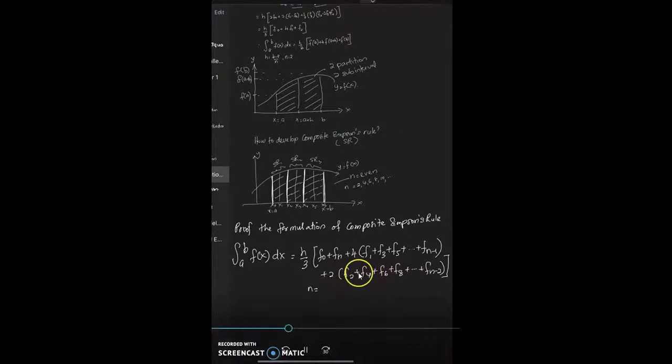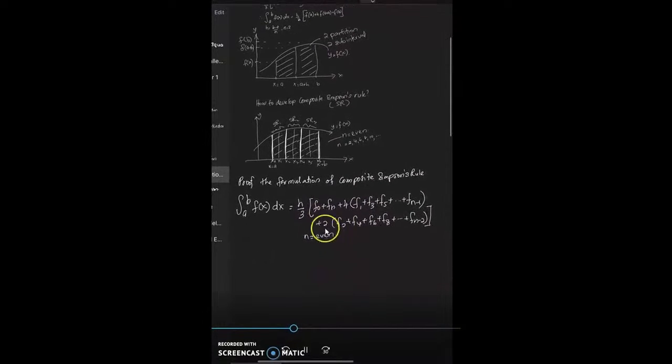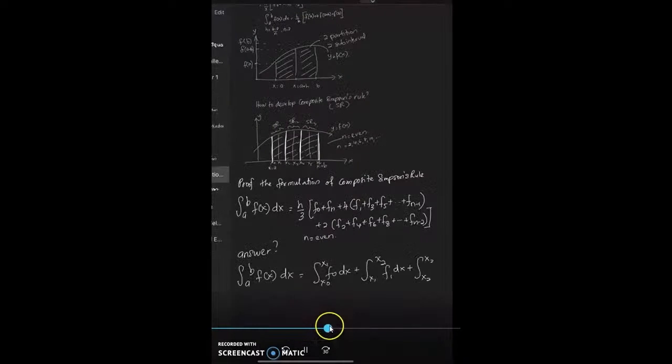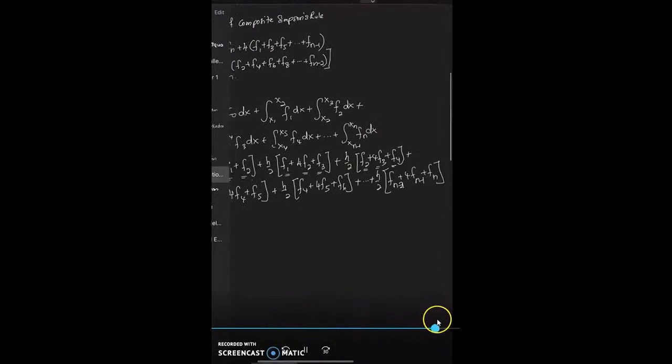So you have 3 columns: f0 plus fn is column A, B is the summation of f(i) with i odd, and C is the summation of f(i) with i even. So you get h divided by 3 times (A plus 4B plus 2C). N should be even.